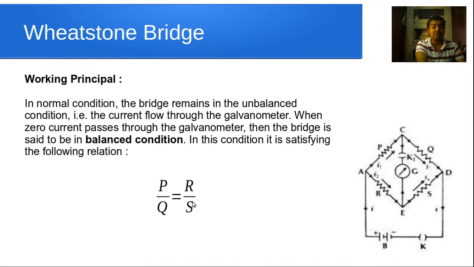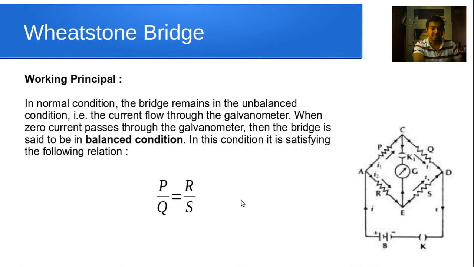That is wrong if P, Q and R are very high resistances or very low resistances. In those two conditions, S cannot be measured accurately, because the galvanometer is not that sensitive to give the balance condition.